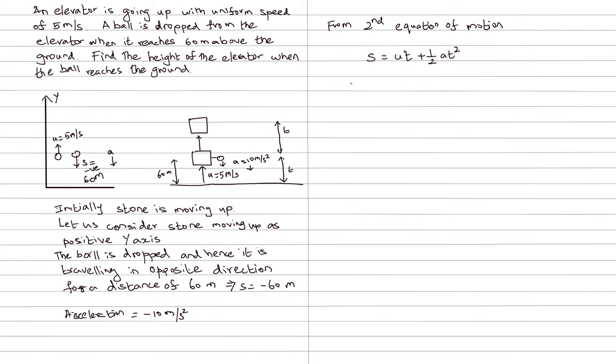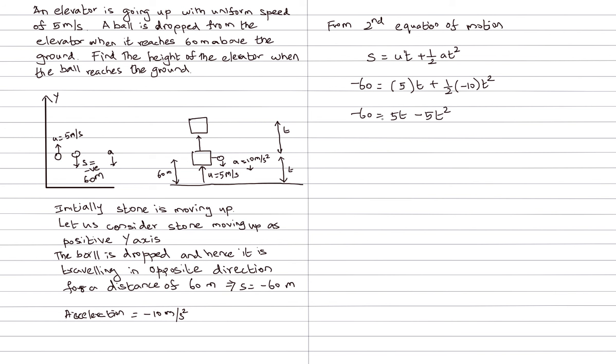So S is equal to minus 60, which is equal to u. U is what? The stone moving up, right? So it is 5 into t plus half into a is minus 10 t square. So minus 60 is equal to 5t and 2 and minus 10 is minus 5 t square.